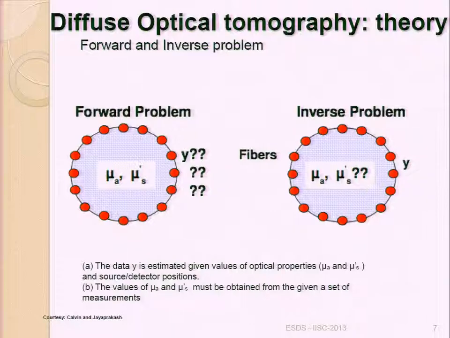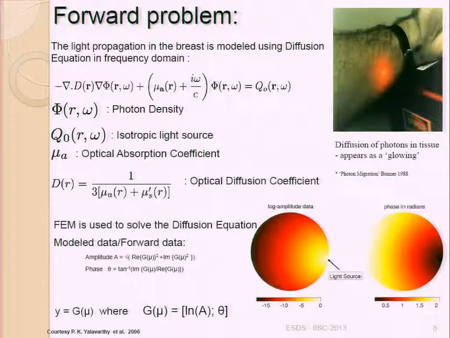For solving the forward problem, we use this diffusion equation. If you see the right top corner, a laser near infrared light is shined on somebody's hand, and that actually is diffusing. That's why we use this diffusion equation for modeling the light propagation through biological tissues.